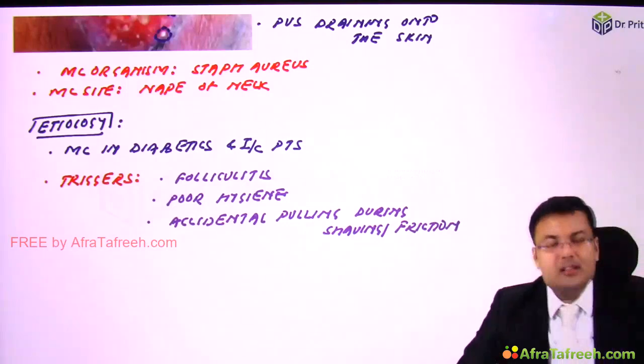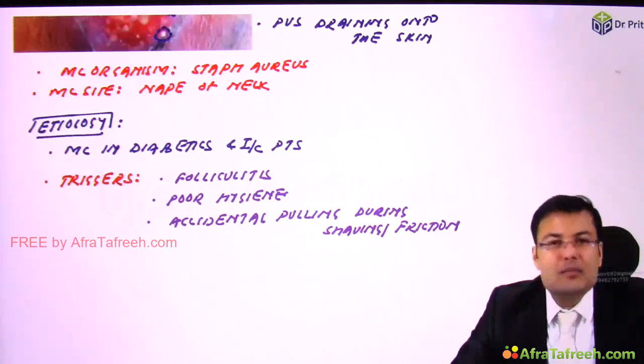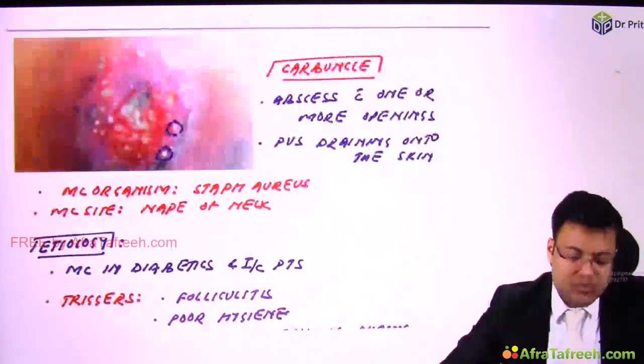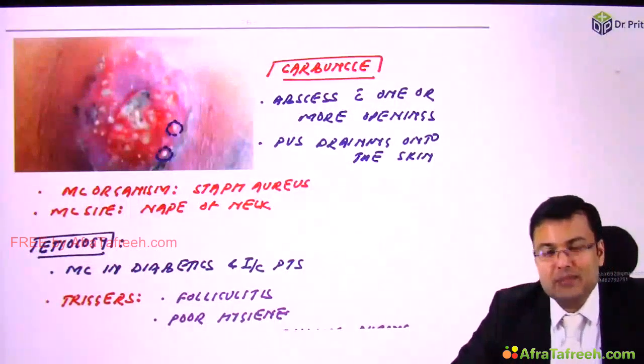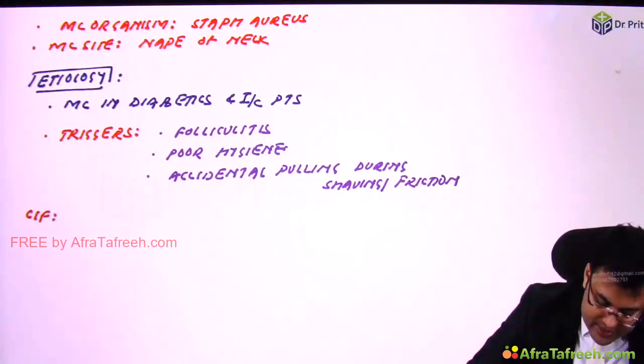So you saw the description of this carbuncle. There is an infected mass with dead tissue, pus inside, and there are multiple openings over the skin, draining the pus. So see the description or the clinical findings.